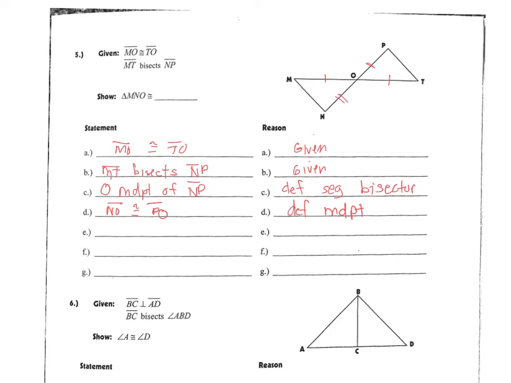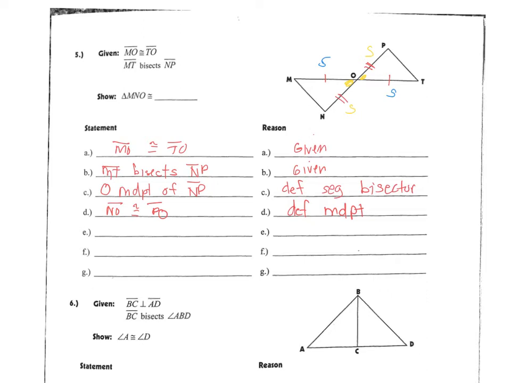So then I'm going to look and see, well, what do I have here and what do I still need? What I see is that I have a side, and then I have another side. And so I'm looking for either a third side or an angle. And what I notice is that if I look right here, those angles are vertical angles.